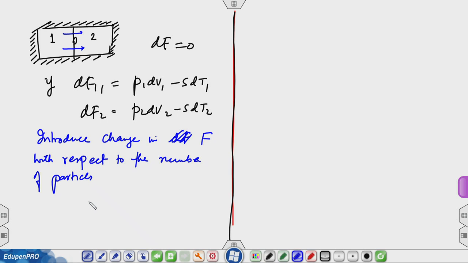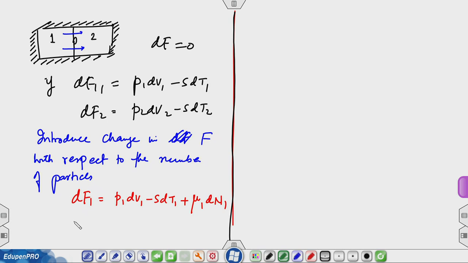So I'll write dF1 is equal to minus P1 dV1 minus S1 dT1 plus mu1 dN1, because the number of particles are changing.